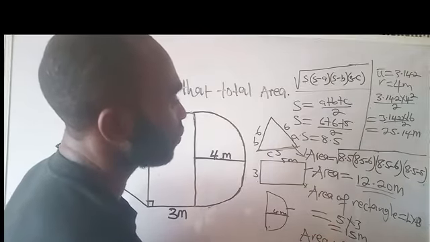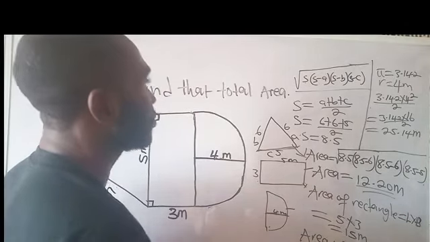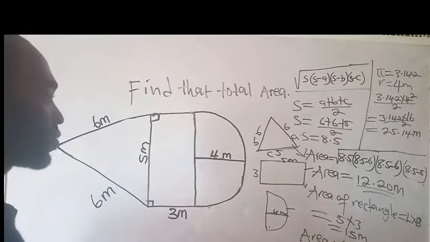Now that we know the area of the semicircle, the area of the rectangle, and the area of the triangle, we are going to sum everything. That will give us the total area of this composite figure.